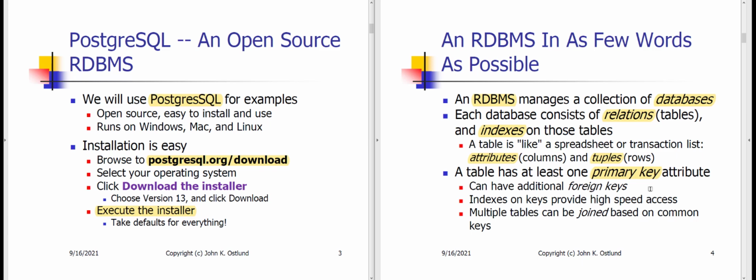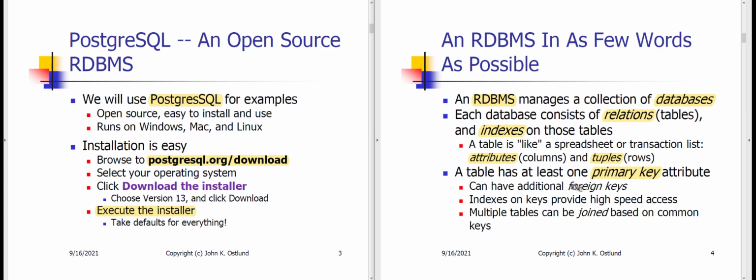In the relational database system philosophy concept, each table has to have one so-called primary key that distinguishes each tuple from the others. Okay, it's a unique identifier for each individual tuple within the table.